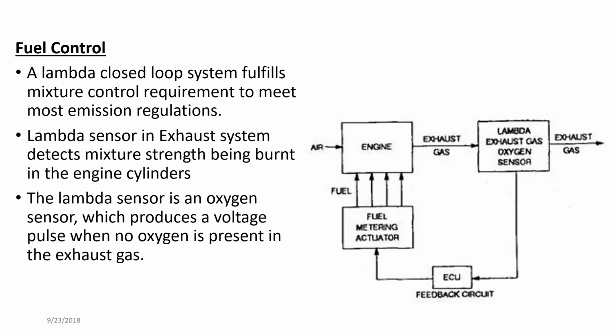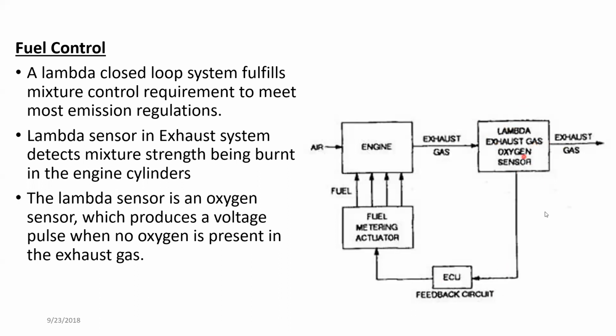I think we already discussed this, so I'm not going to go through so much detail. If you can remember, the exhaust gas comes out and then passes around the lambda sensor, or exhaust gas oxygen sensor, where it measures how much oxygen is available in the exhaust gas as a ratio compared to the oxygen content in the atmospheric air.